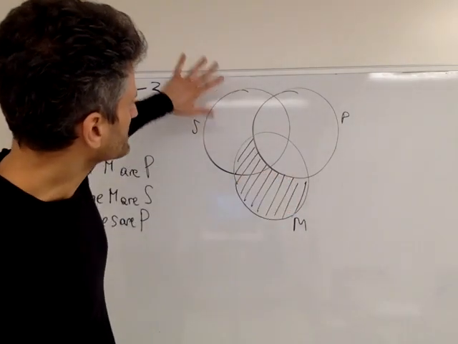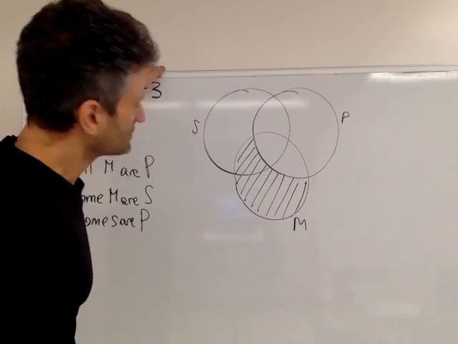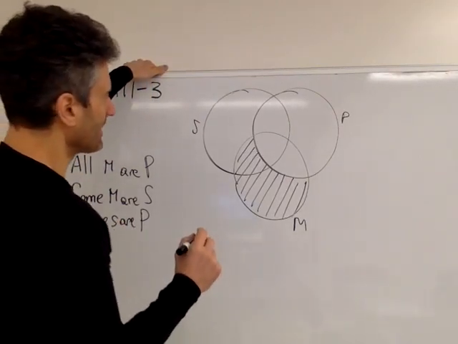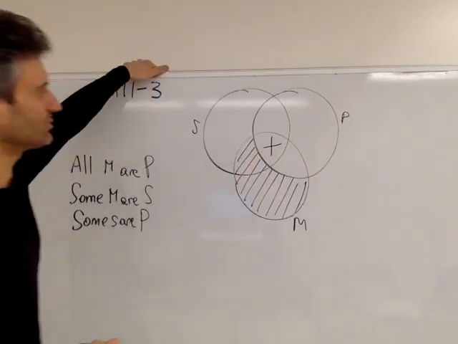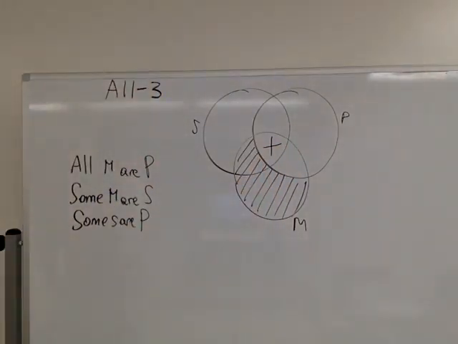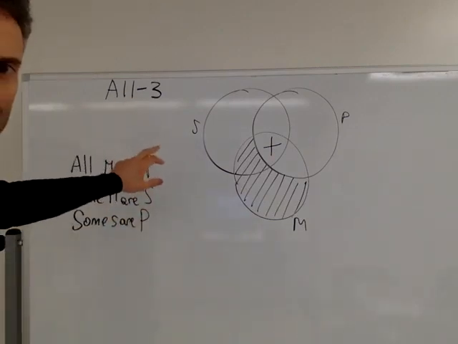This is M, this is S. Okay. So in order to say that some M are S, I have only one place where I can place the X, and it's right there. Okay? Now, did you see what just happened?